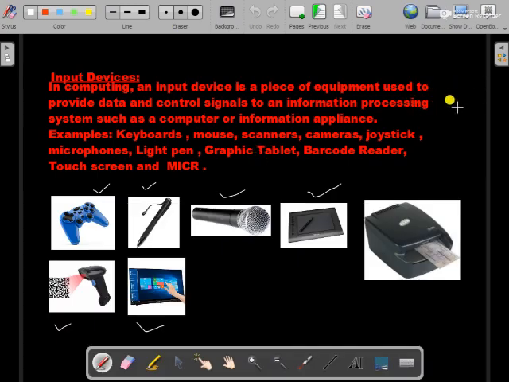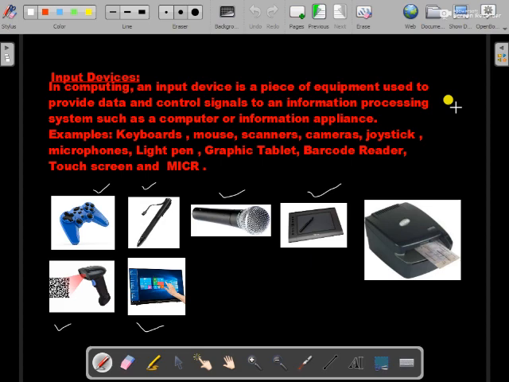Now, I am going to discuss about input devices. In computing, an input device is a piece of equipment used to provide data and control signals to an information processing system, such as a computer or information appliance.